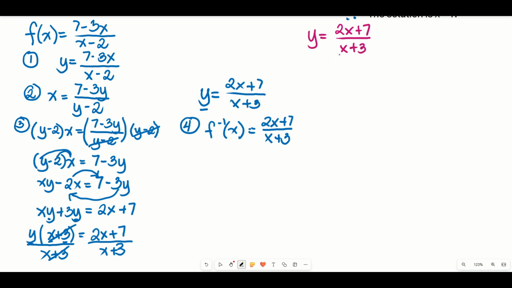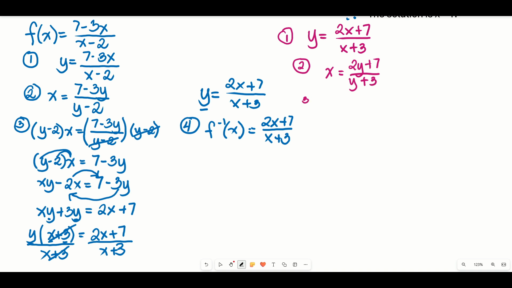And then second step, we need to interchange x and y. Itong y gagawin mong x, and itong mga x's gagawin mong y. So we'll have x is equal to 2y plus 7 over y plus 3.